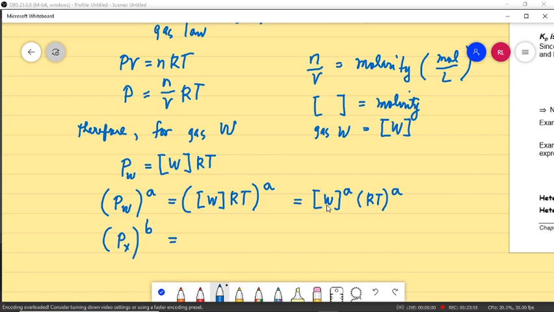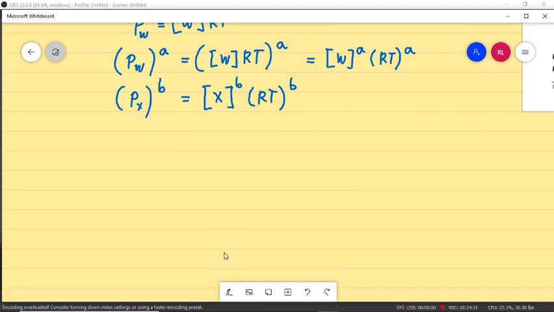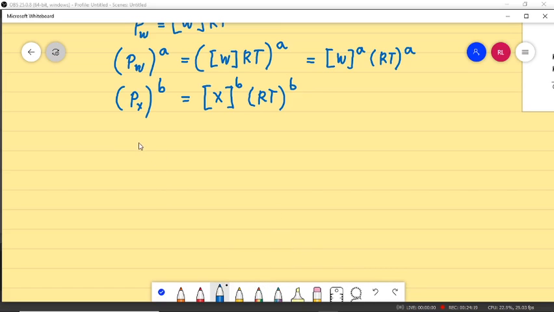We just replace this with X. We have the concentration of gas X raised to the power of B times quantity RT raised to the power of B. How about for gas Y?